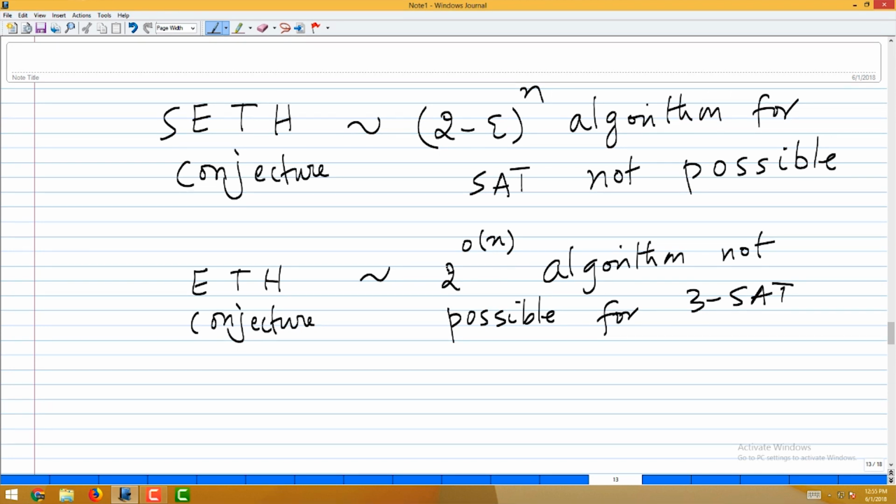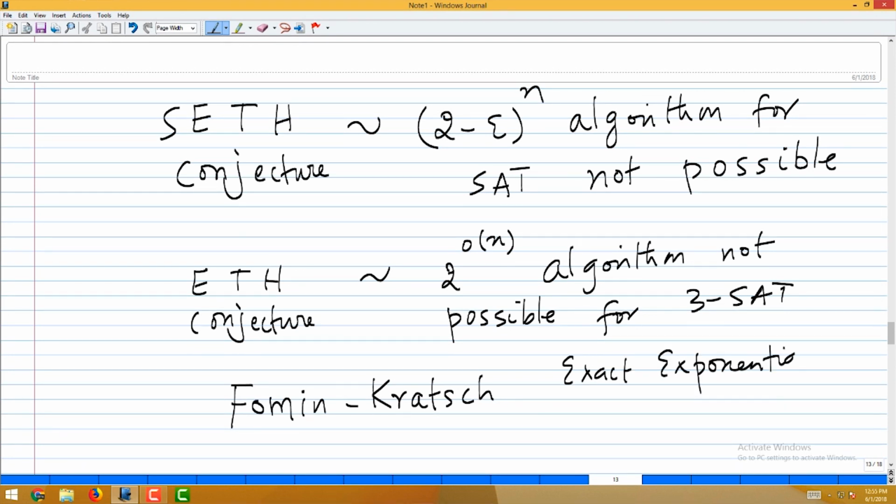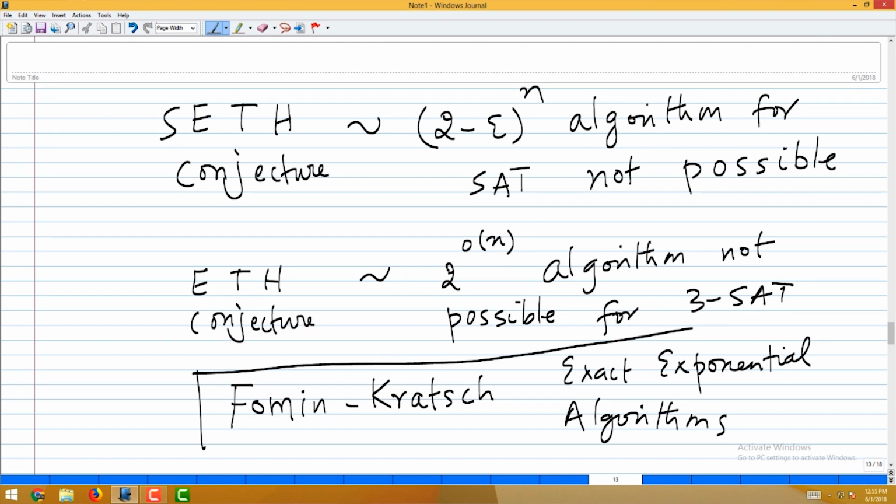There is a recent book about 3-4 years old by Fedor Fomin and Dieter Kratsch, called Exact Exponential Algorithms. So there is a lot to be explored in this world as well.